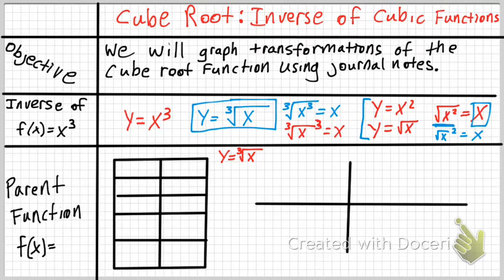Well, the cube root is just going to be the inverse of the cubic function. So now my input, my x value, is going to be -8, and my output is now -2. So -2 times -2 times -2 will give me -8. That's the answer to the question, what is the cube root of -8?